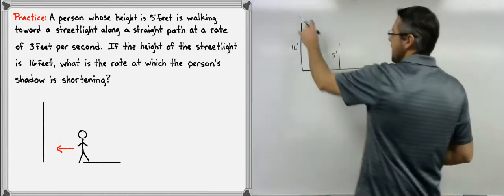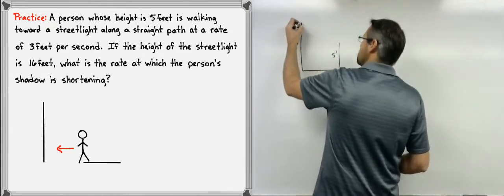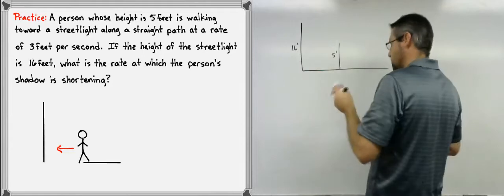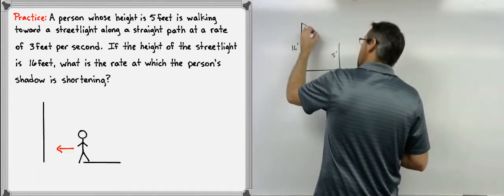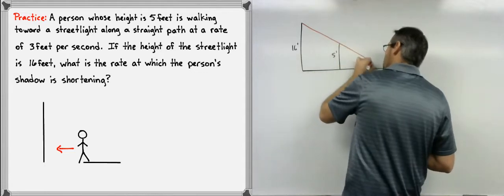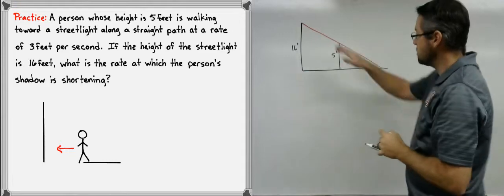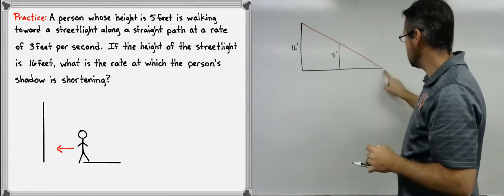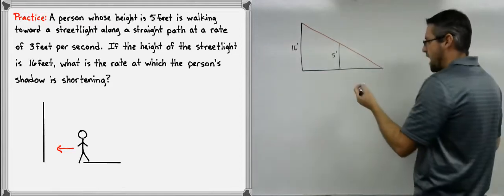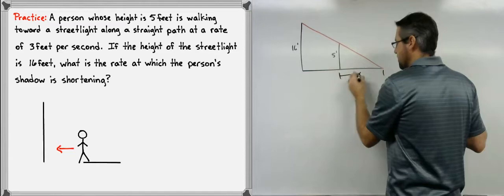Now, if the light is here and the top of the person's head is here, then I'm going to draw the little light beam. I'll use red to represent the light beam. The last light beam that just barely skims above the person's head, right? So that is the light that is shining down. So in other words, this distance from here to here is our shadow. So we're going to call this x for the shadow's length, okay?